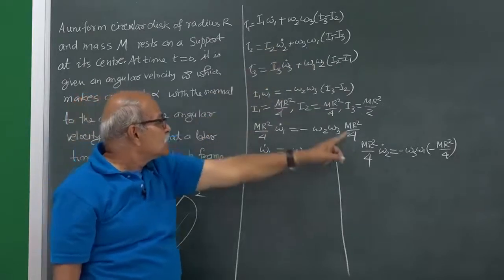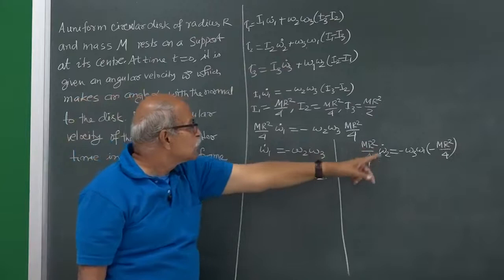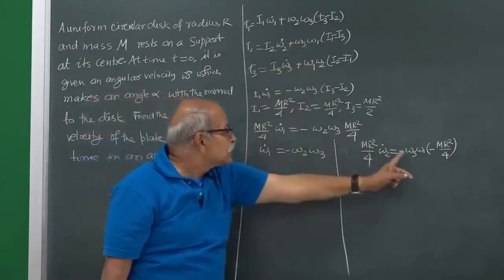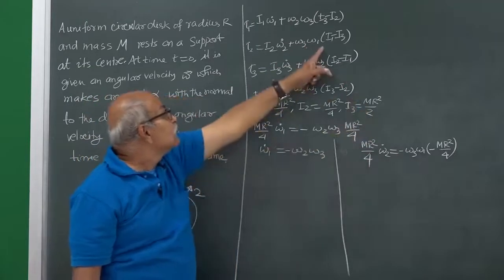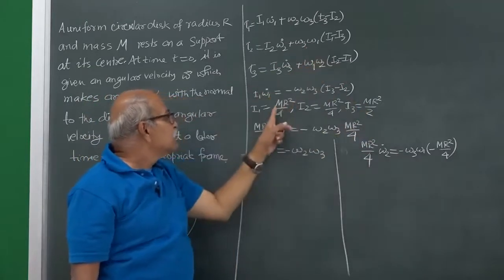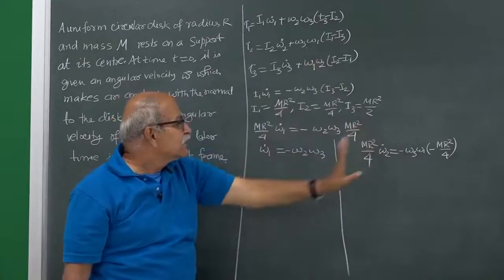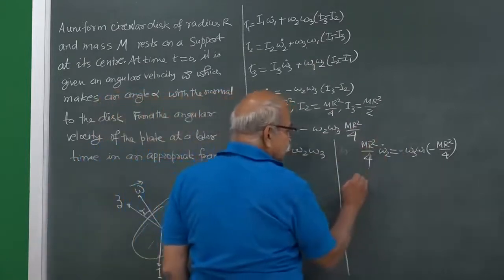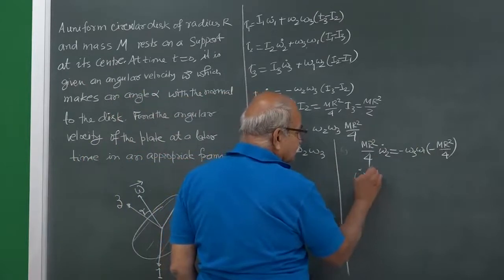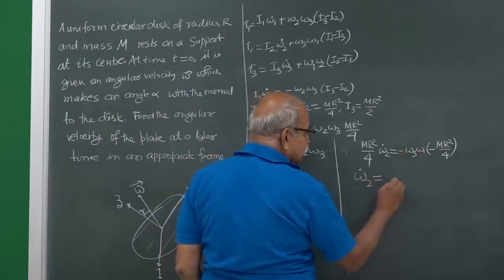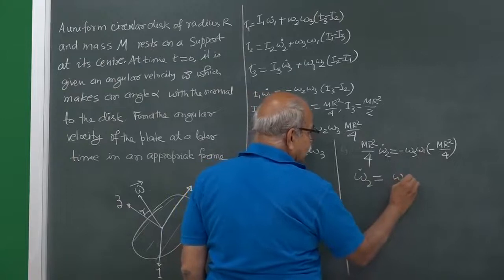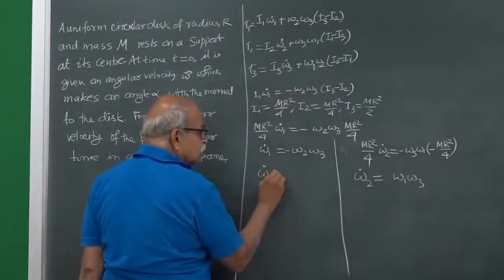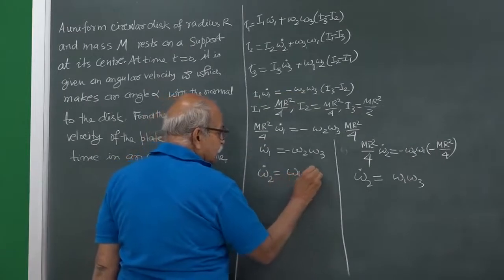I2 omega 2 dot is equal to minus omega 3 omega 1 and then I1 minus I3, and I1 minus I3 is minus mr square by 4, and therefore, if you cancel you get omega 2 dot is equal to, this becomes plus omega 1 and omega 3. So, omega 2 dot is equal to omega 1 and omega 3.